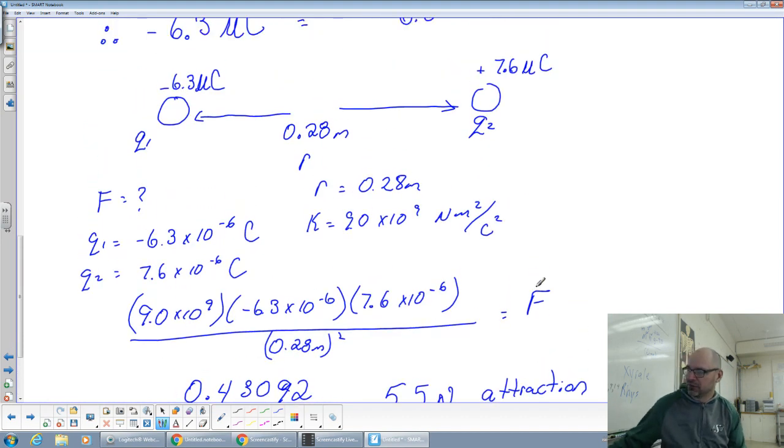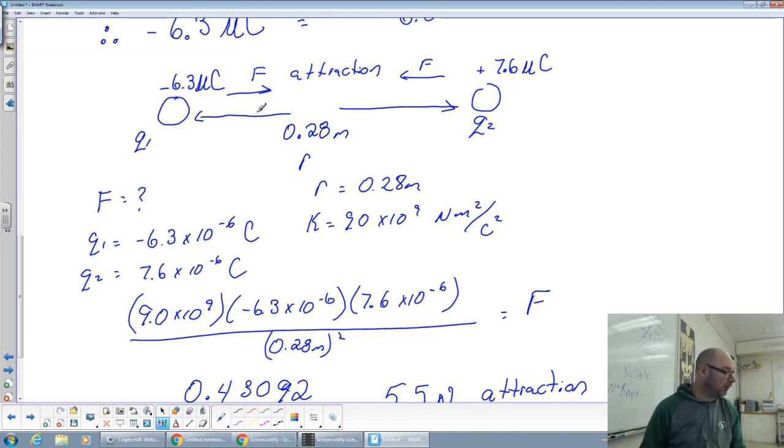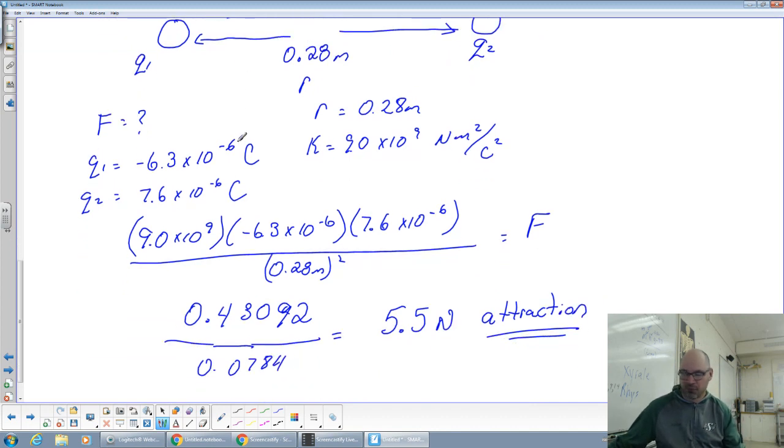The other thing we should note is the force is going to be an attractive force because of the opposite charges. If they're repulsions, the force is pushing them apart.